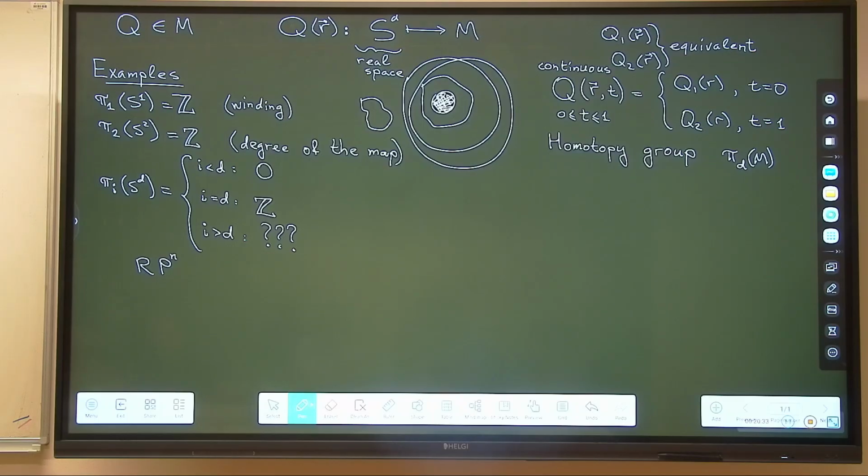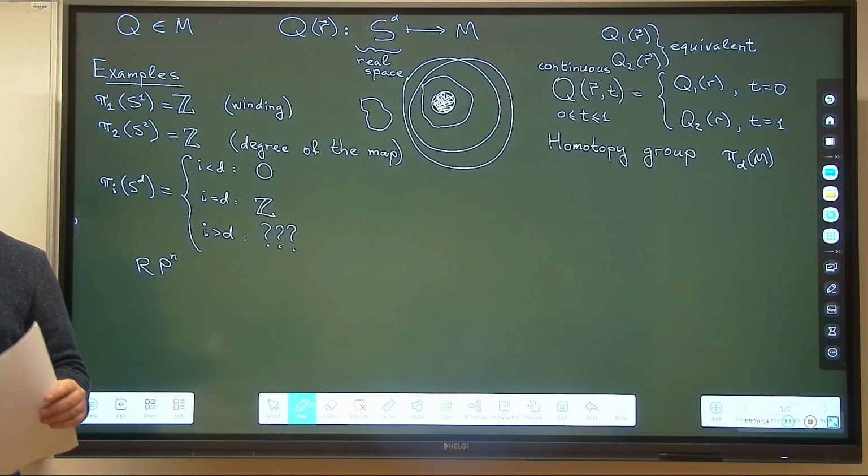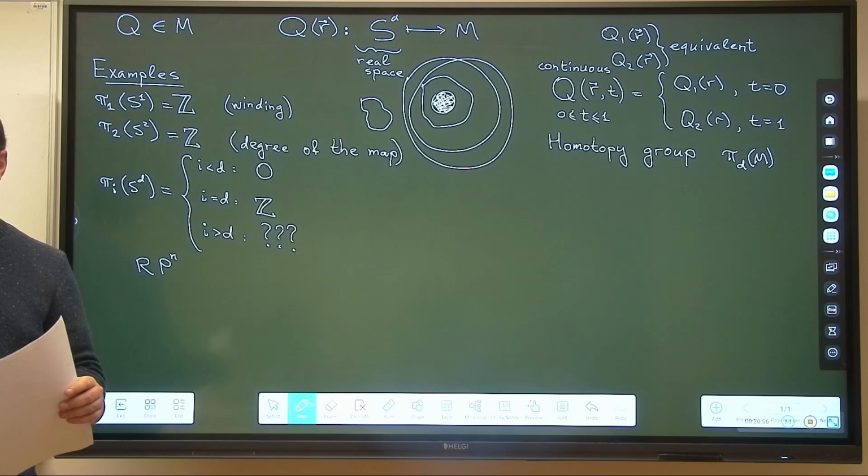It's almost like a sphere. Real projective space N is when you take the n-dimensional sphere and then you say that points which are opposite to each other are actually identical. So it's like half of the sphere, but with certain boundary conditions.